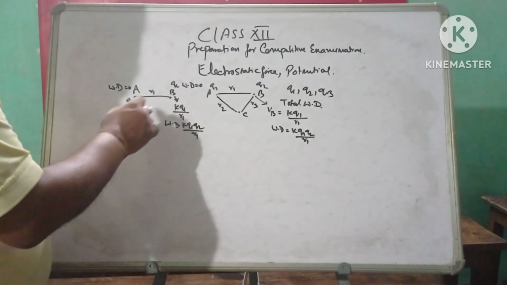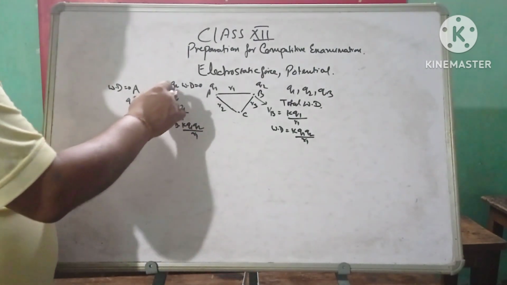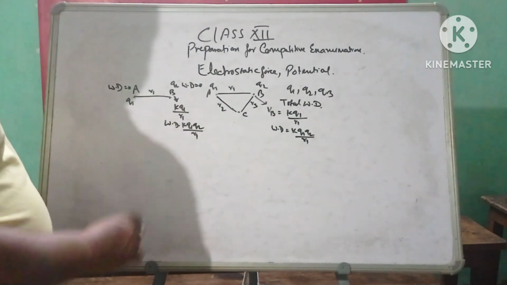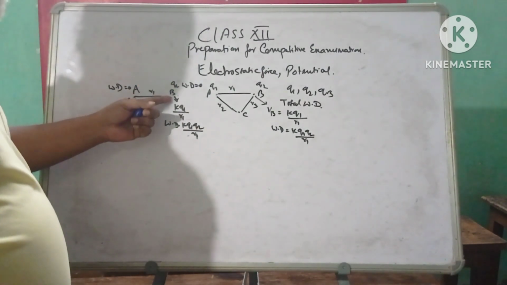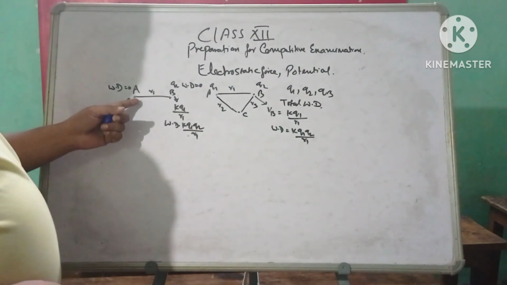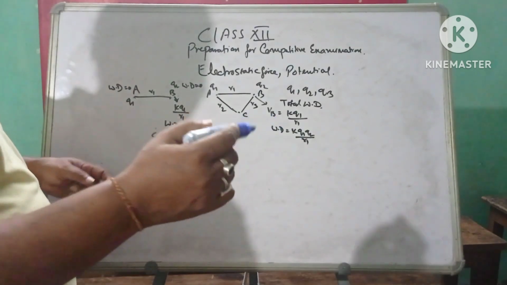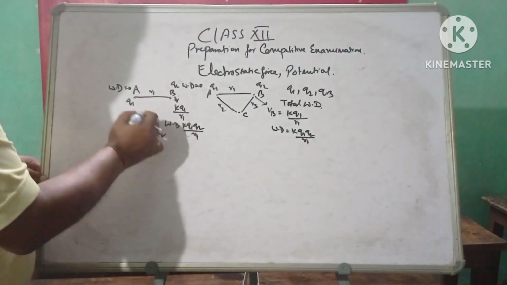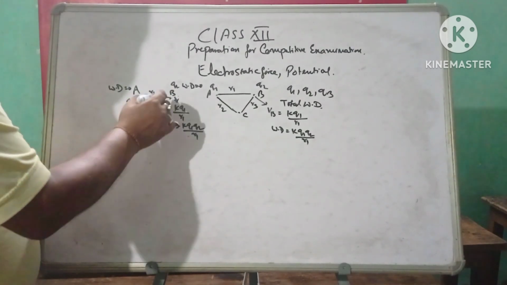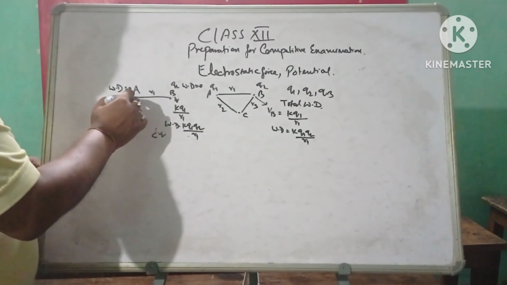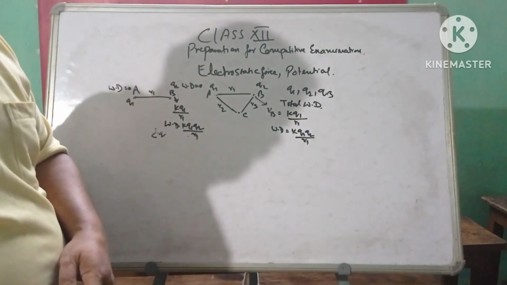Now because of this, the potential here is this one. When you brought the charge Q2 here, this is the work done. But when Q2 has come here, we do not go vice versa. Suppose we bring another charge Q3 here, then we speak about the potential due to Q1 and the potential due to Q2, but we do not go vice versa to ask what the potential is here because of B. This is the very important fact.